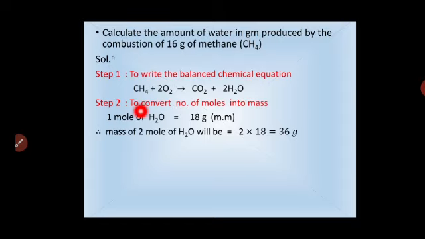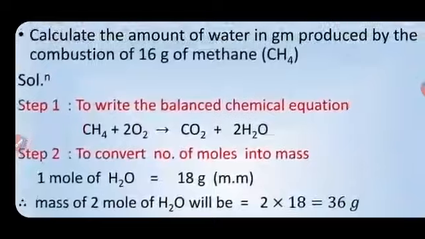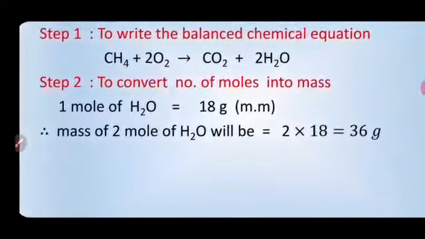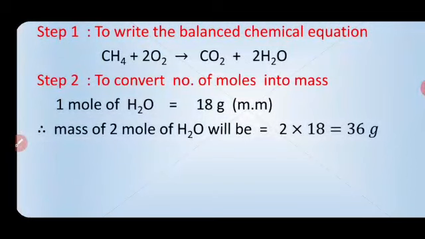As I told you, any hydrocarbon when burnt in presence of air always gives CO2 and water. So first we have to write the equation, then we have to balance it. Already we have seen how to balance this equation, right? Now according to this, we will get 2 oxygen and 2 water molecules.